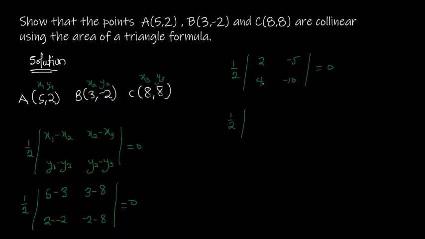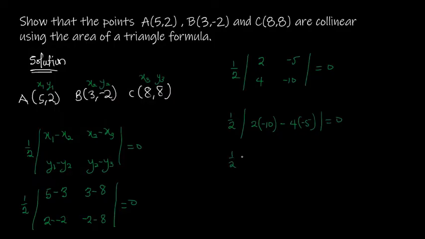So I'm going to multiply the leading diagonal and subtract the second diagonal from it. So it will be 2 multiplied by negative 10 minus then the adjacent diagonal 4 multiplied by negative 5 is equal to 0.